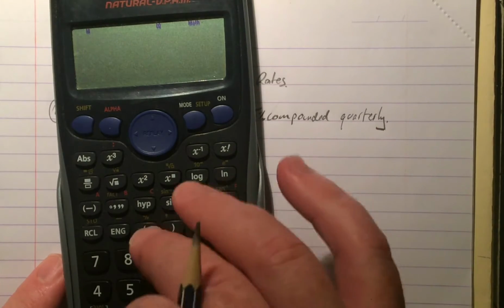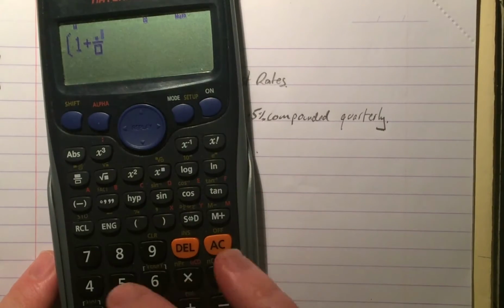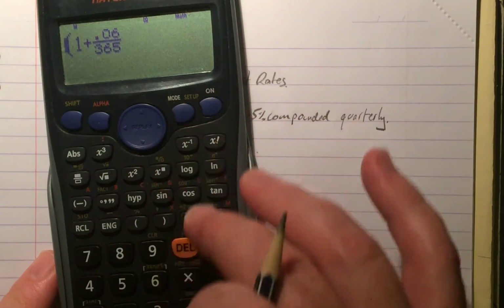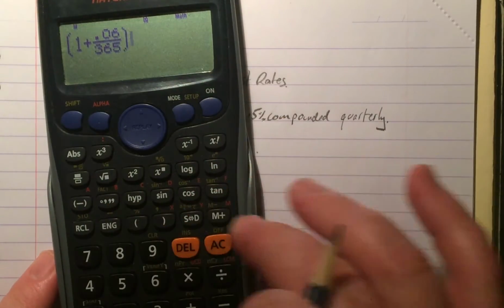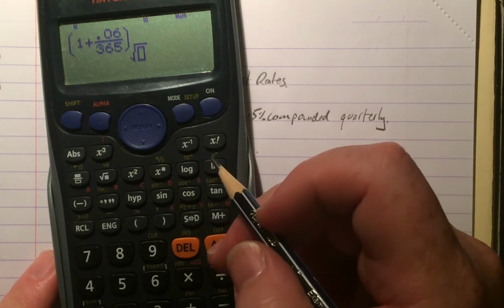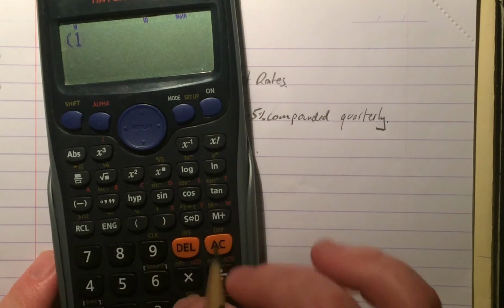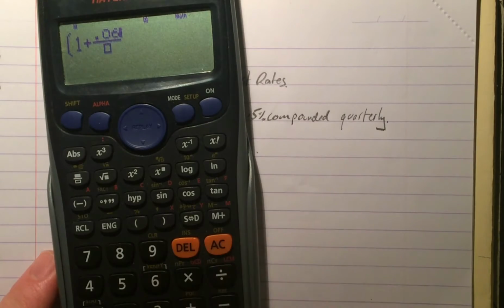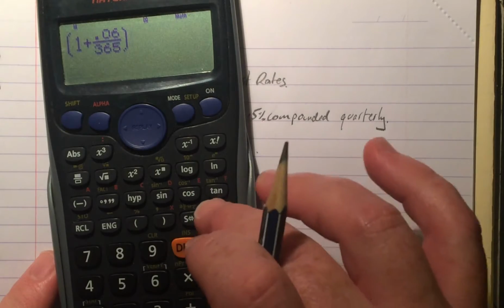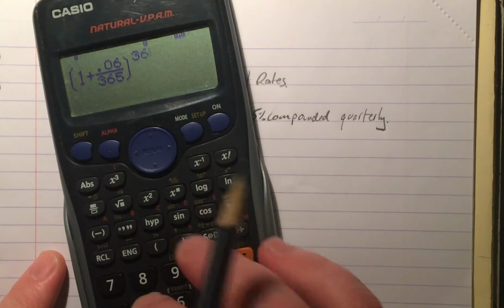I'll just start that again. 1 plus 0.06 over 365, and we don't want the shift button this time, we just want the index button, to the power of 365.